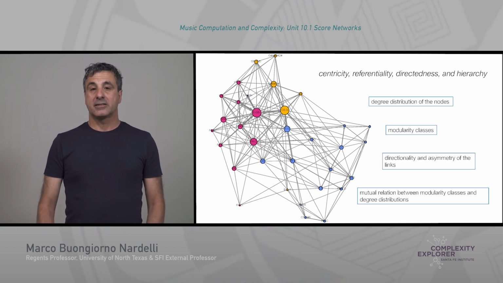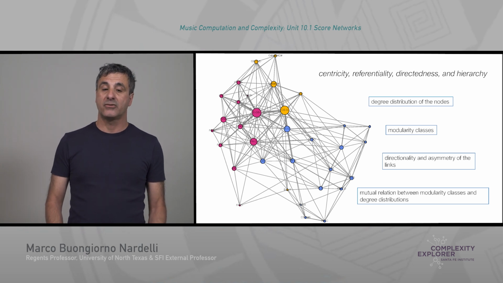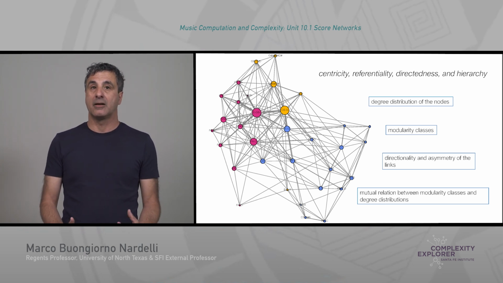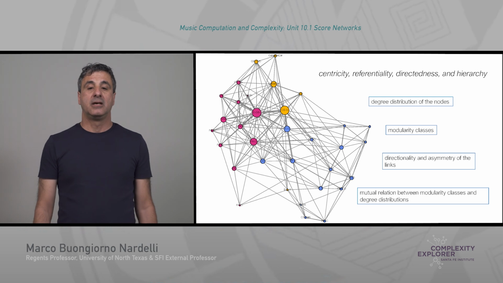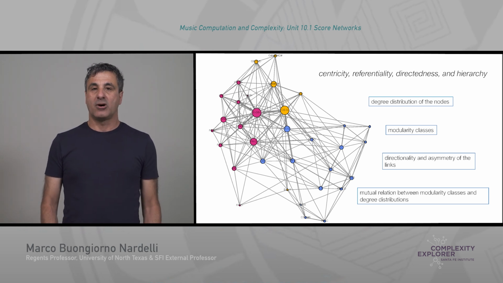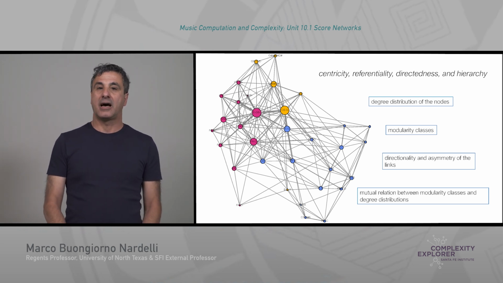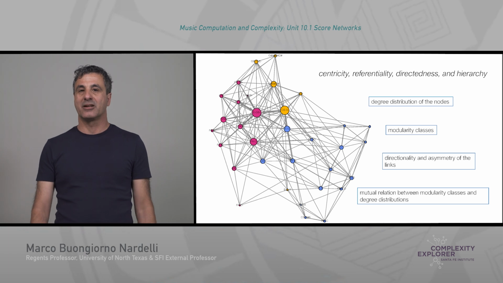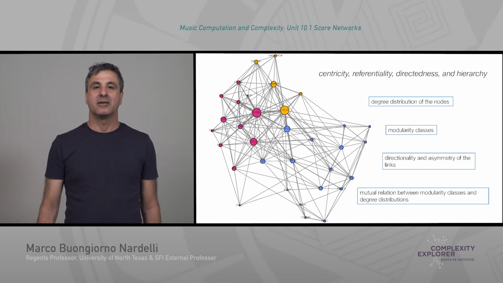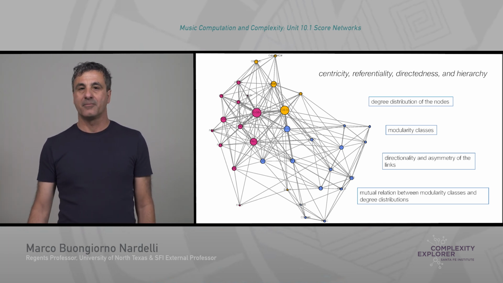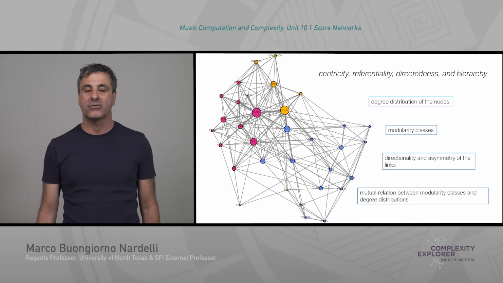They are characterized by nodes that have many connections, many links, what we call hubs in network theory, that seem to attract the other nodes, so the more peripheral nodes that are less important have fewer links.